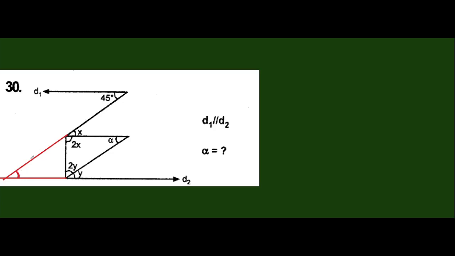So this angle will be 45 degrees, as D1 is parallel to D2, and this X will not be 45 degrees. Do not mess up. But this one also will not be 45 degrees, because this line and this line are not parallel.